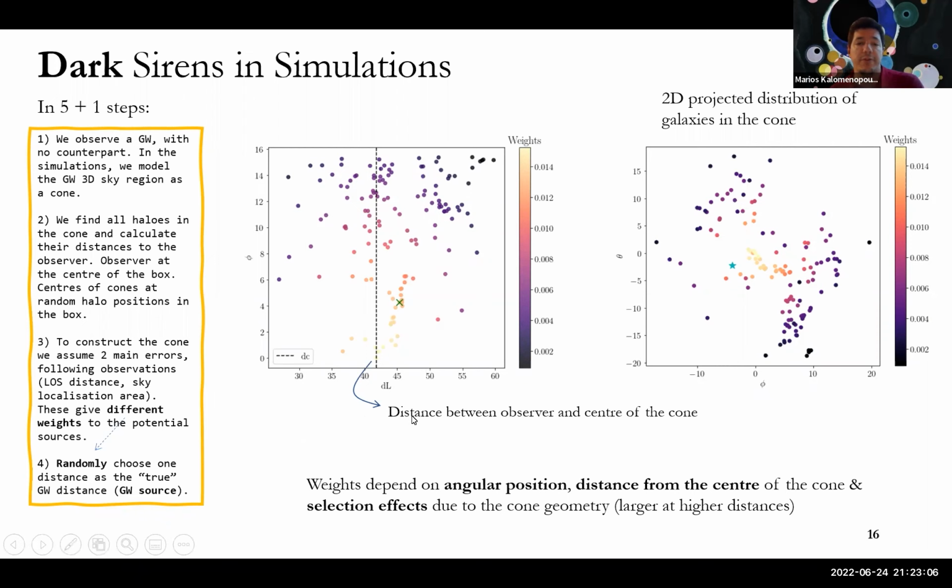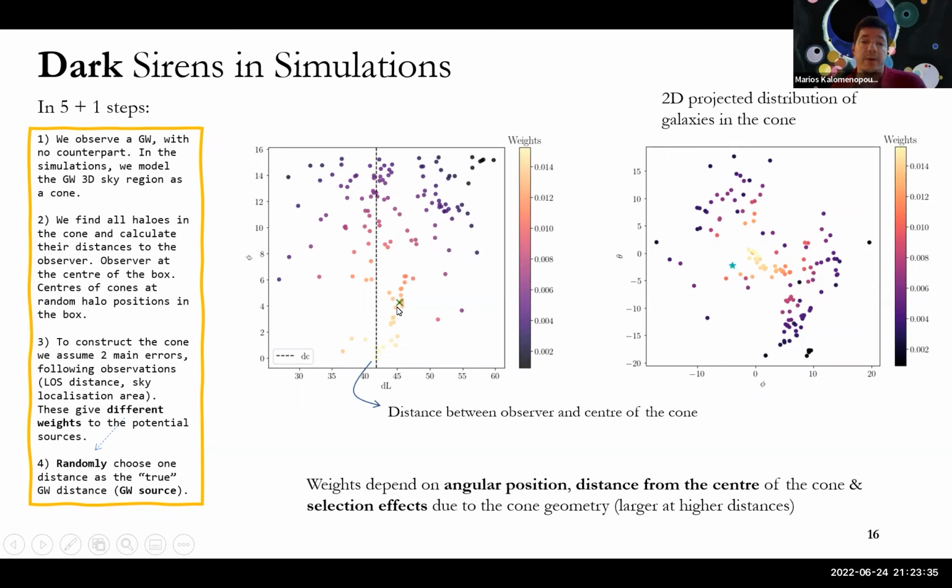So we use a number of weights depending on the angular position in the cone. This is an example of a 2D projected distribution for the galaxies inside one cone. You can see here with the star where we put the true gravitational wave source. We include weights so that if you are closer to the localization region, you have a higher probability of hosting the gravitational wave.